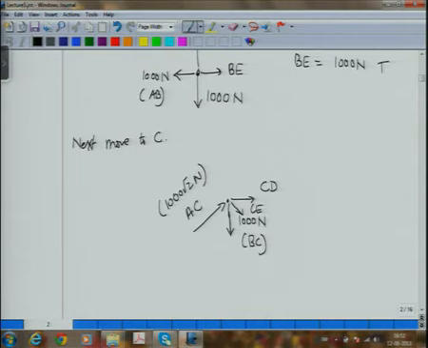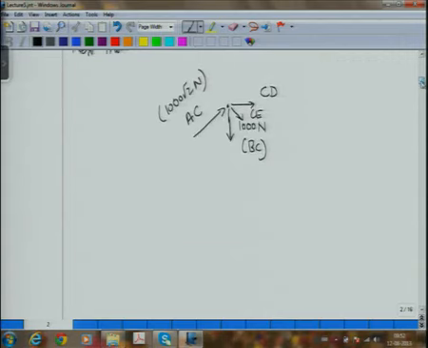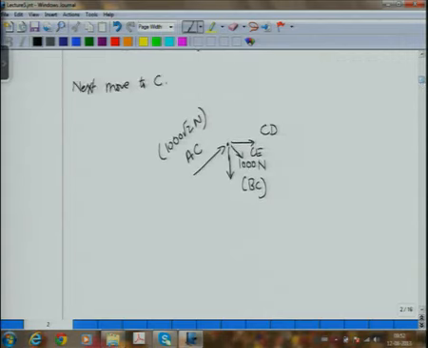So, now I can work on this. I can now solve for CE and CD, and this way I can find forces in all the members. So, once I have gone to C, I will get these two forces. You can work these out. I am not working out the answers for you.